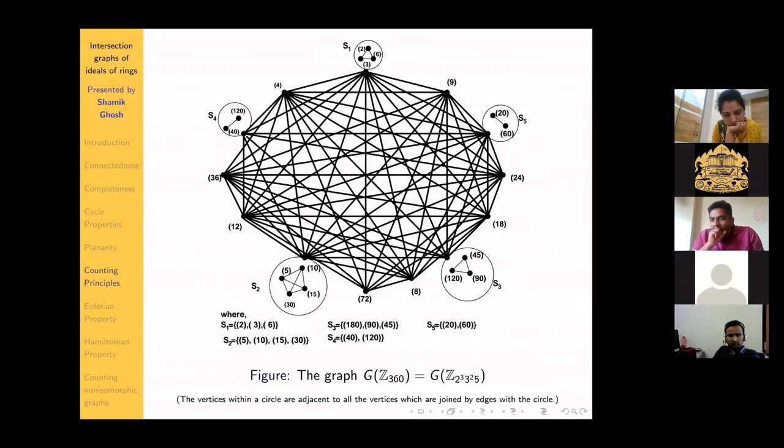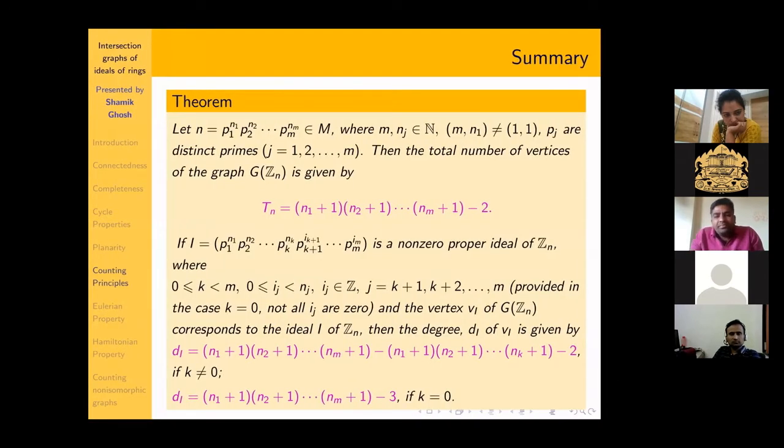Now, by this degree counting, we can move to some properties. This is a summary of the degree counting. Suppose n belongs to M. Throughout this talk, M is the set of numbers which are greater than 1 and not prime, because for primes and 1, we cannot get a non-trivial non-zero proper ideal.